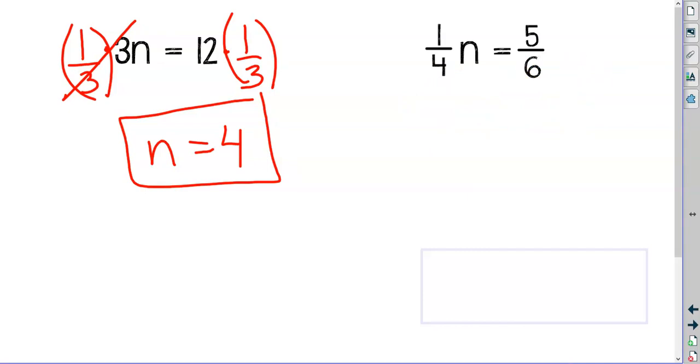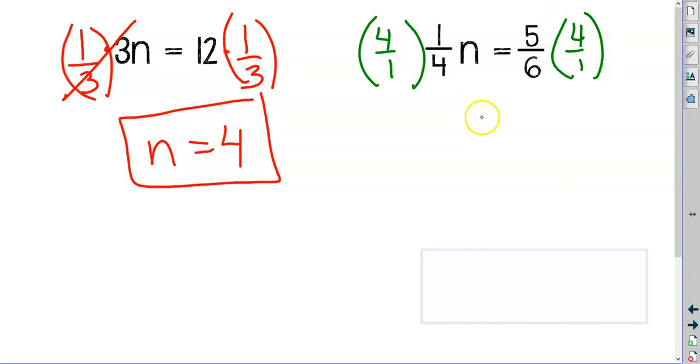So when you solve this, your work should look like this. Multiply by 4/1. In this case, if the denominator is 1, you don't even have to write it like that. Right? You could have written just a 4 here. But leaving it as 4/1 kind of helps us when we're trying to multiply our numerators and denominators.